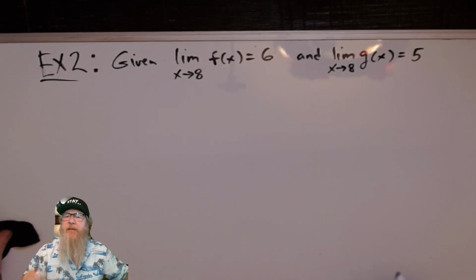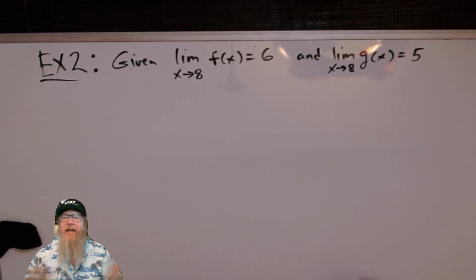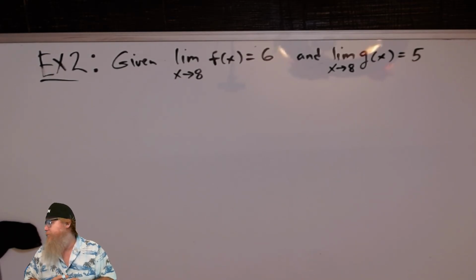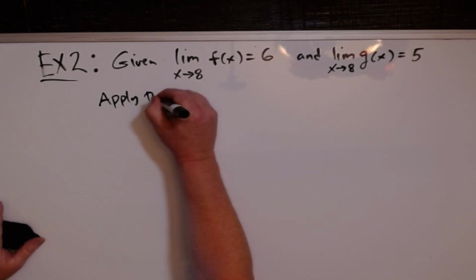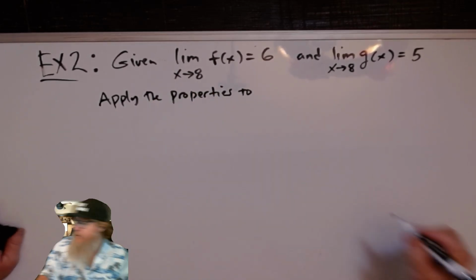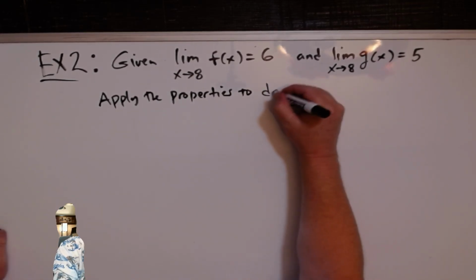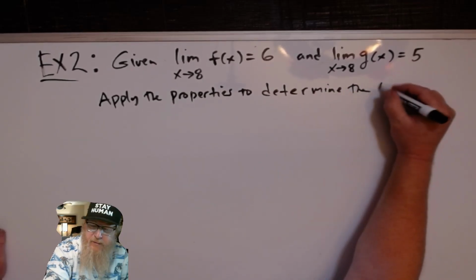Lim, lim, lim. And then when I get to the very end, I put that back so that I don't forget what value it's actually approaching. Okay, apply the properties. To determine is another way to say calculate or compute the limits.